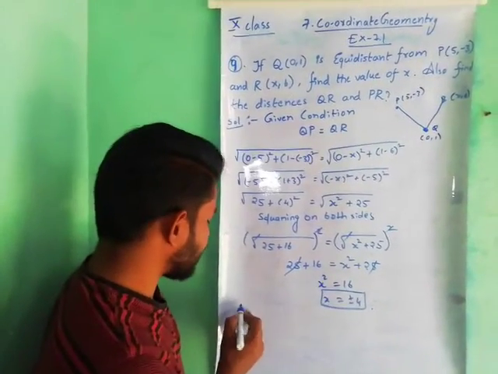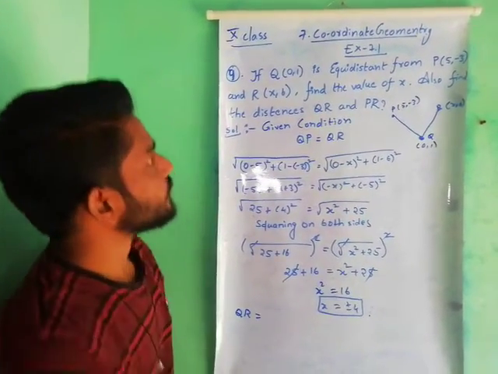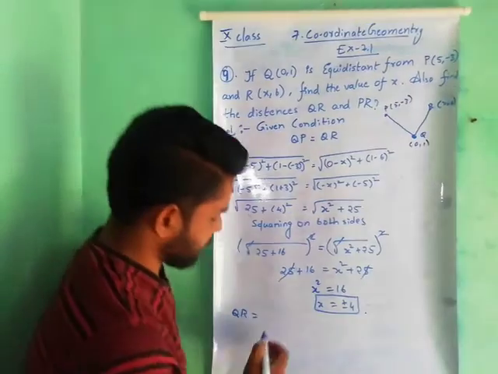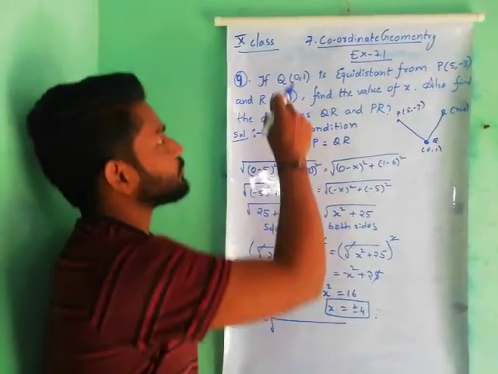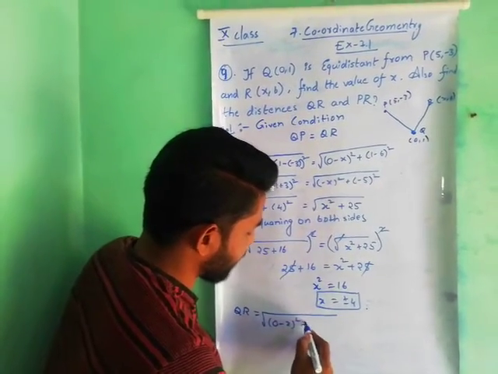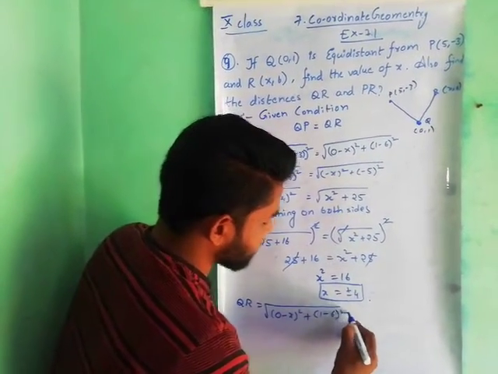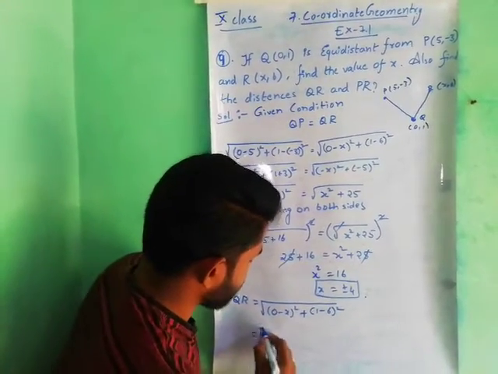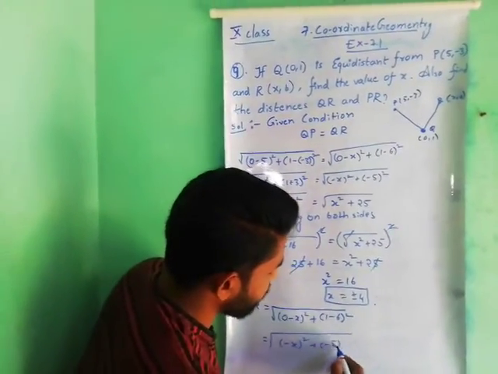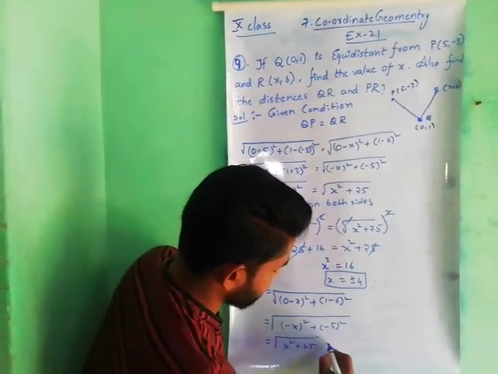First of all, the distance QR. Here Q is (0, 1) and R is (x, 6). Distance formula again: x coordinate difference whole square, (0 - x) whole square, plus y coordinate difference, (1 - 6) whole square. That is (-x) whole square plus (-5) whole square, x square plus 25.